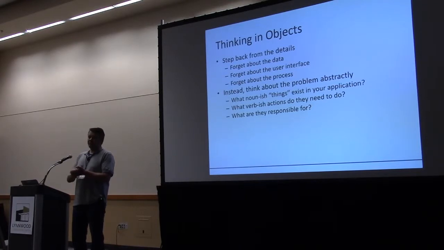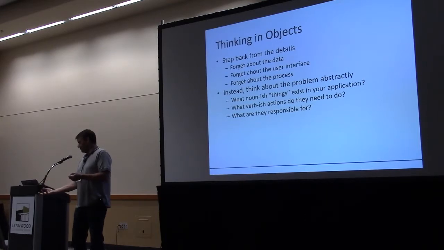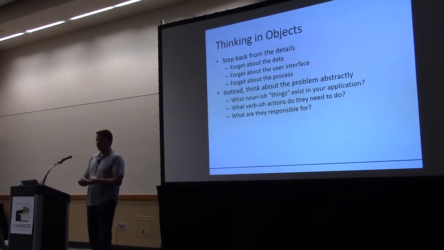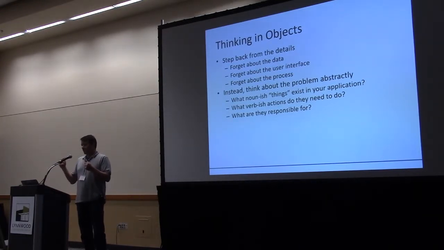A depth meter is responsible for knowing what the depth of the river is. It's not also responsible for knowing what the humidity is or counting the number of water bugs that are there. It's responsible for what it is responsible for. So think about responsibilities as you're thinking about your problem domain.